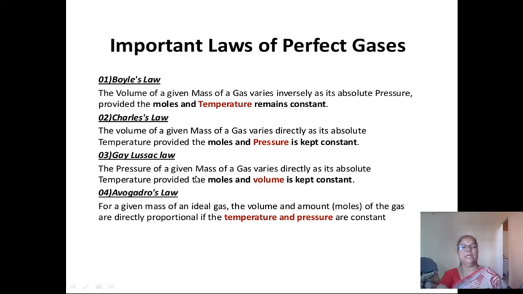These are the statements of ideal gas laws, and the ideal gases are the gases which obey ideal gas laws at all conditions of temperature and pressure. And those gases which do not obey the ideal gas laws are the real gases or non-ideal gases.